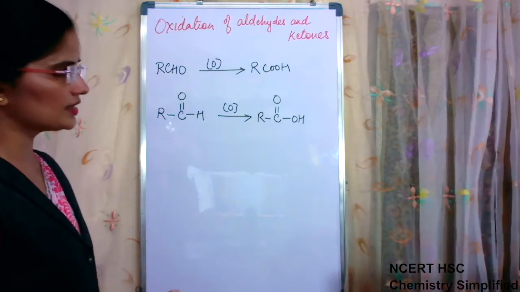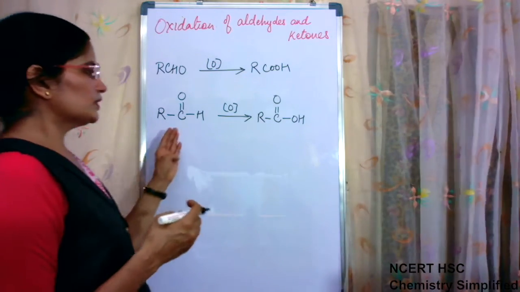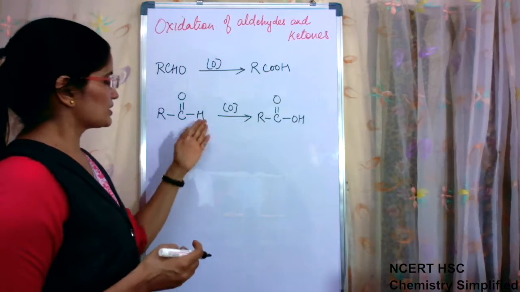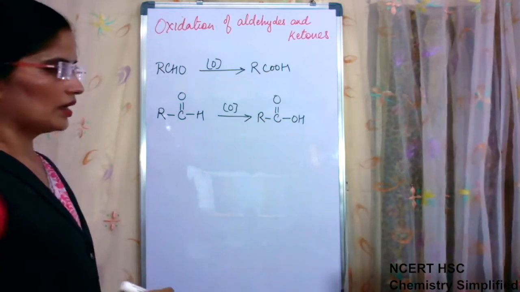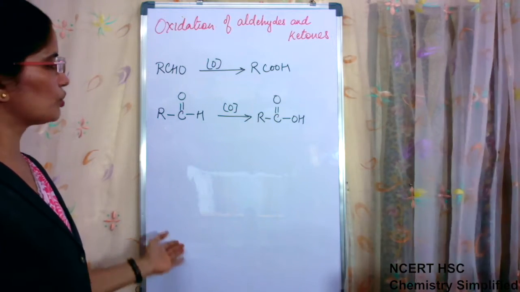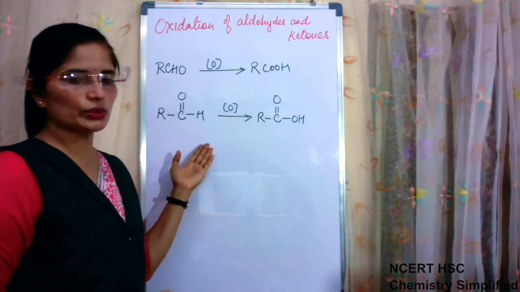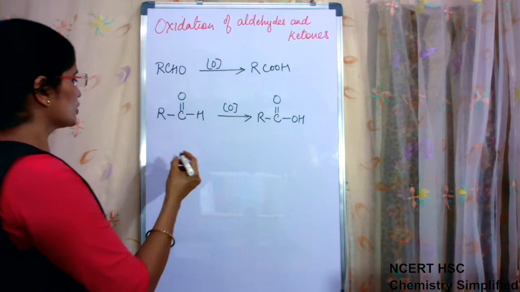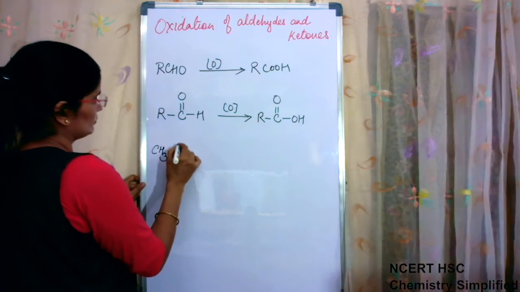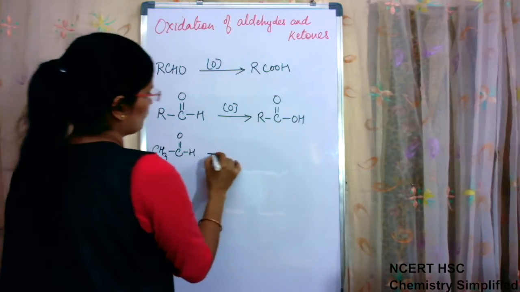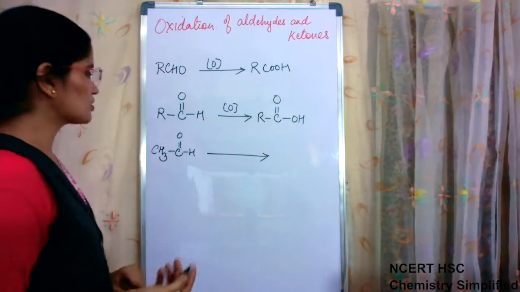So this is easier, just without breaking any bond, the O is introduced and the molecule is getting oxidized. So it is very easy. So even a weak oxidizing agent can oxidize aldehydes into acids. When weak can do, definitely strong oxidizing agents can do it very easily. So for oxidation of aldehydes, we can use any oxidizing agent.